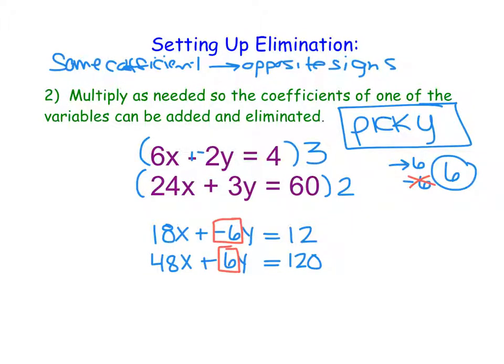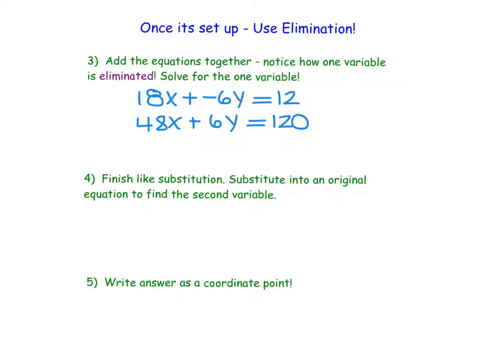So here I now notice that I have this set up where elimination will work. If I were to add those two equations together, the y's would eliminate. So now from here we can actually apply the elimination method. Remember, in the elimination method, we add the two equations together with the goal of eliminating a variable. So we should see a variable completely eliminate here.